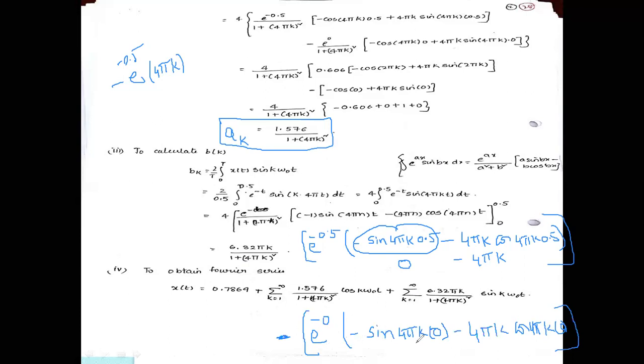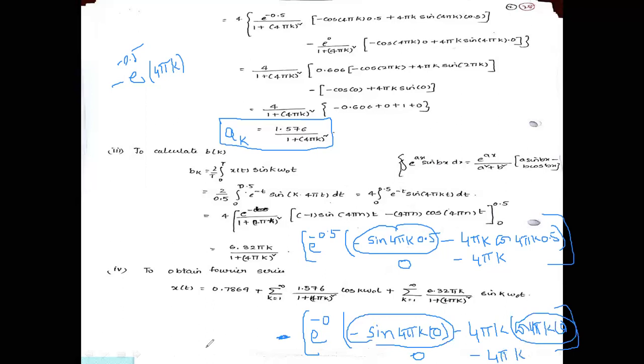Now I can simplify this. What is sin 0? Sin 0 is 0. Cos 0 is 1. Again, cos 0 is 1. Cos 0 is 1. Now the remaining function is 4 pi k only.